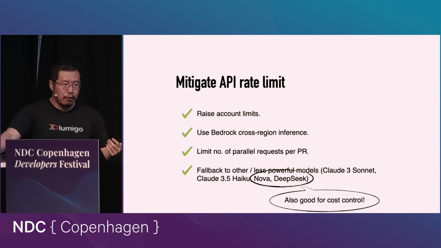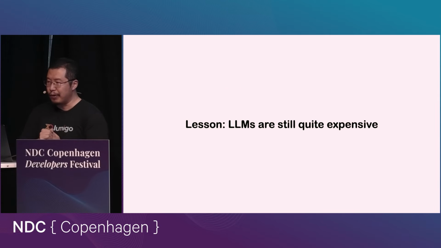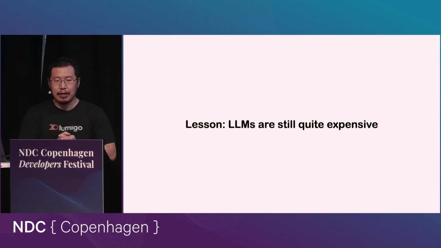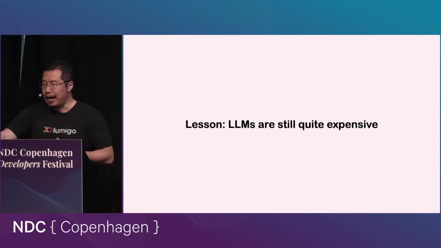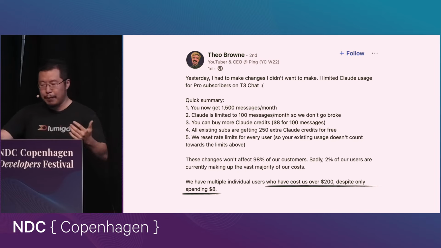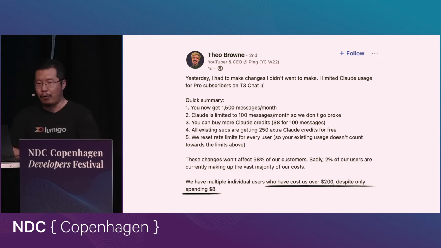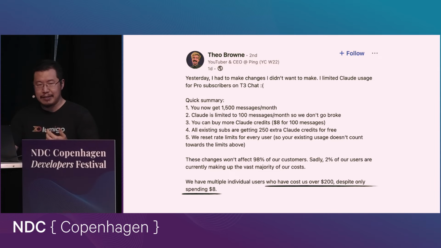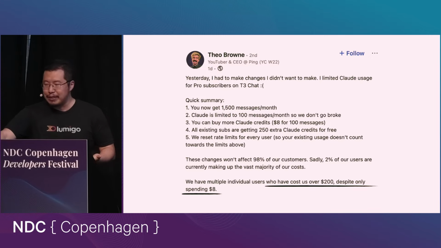Being able to use other models is also good for cost control, and that kind of brings me to another big lesson: if you're worried about unit economics, the LLMs are still quite expensive. And you see this with a lot of other developer tools as well, from people that are self-funding or bootstrapped, where they often find that a single customer can use up a lot of your available budget.